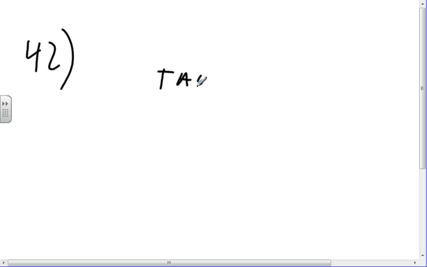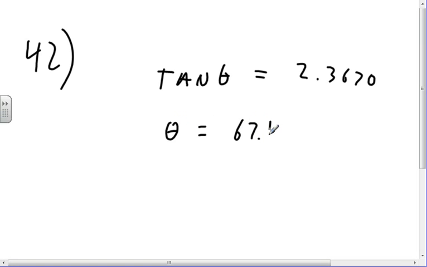We have the tangent of theta equals 2.3670. So theta equals the arctangent of 2.367, 67.1 degrees. Okay, so that's my first quadrant answer.